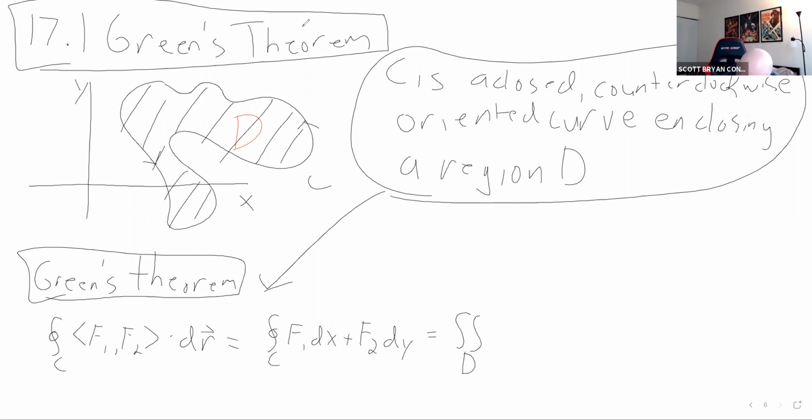The partial of F2 with respect to x minus the partial of F1 with respect to y.